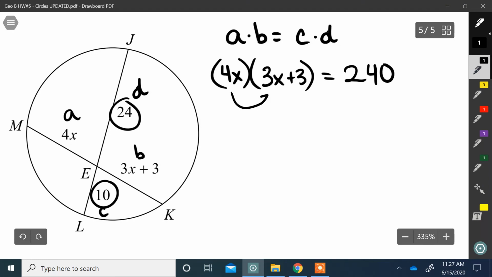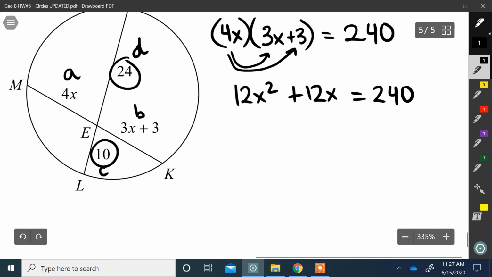Let's go ahead and multiply. 4x times 3x will be 12x squared, and then 4x times 3 will also be 12x. It's equal to 240.